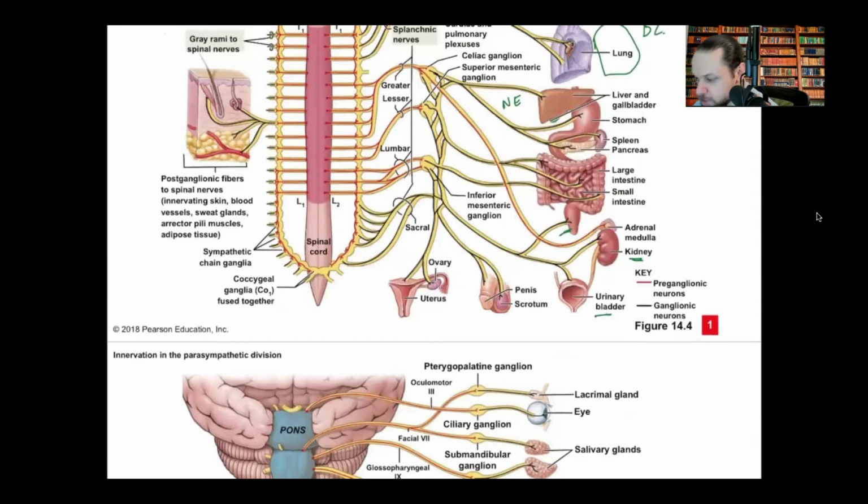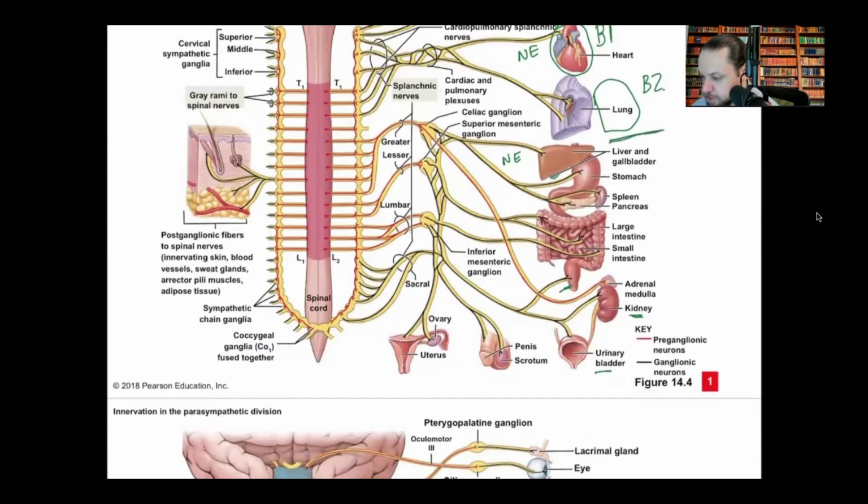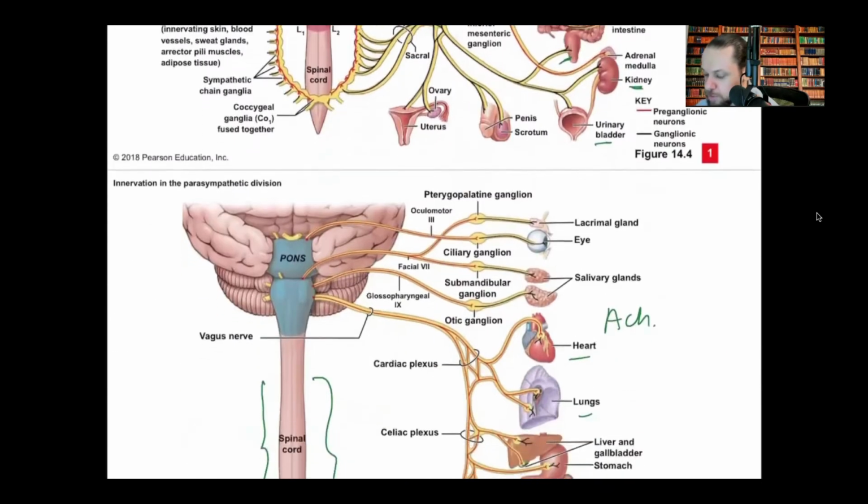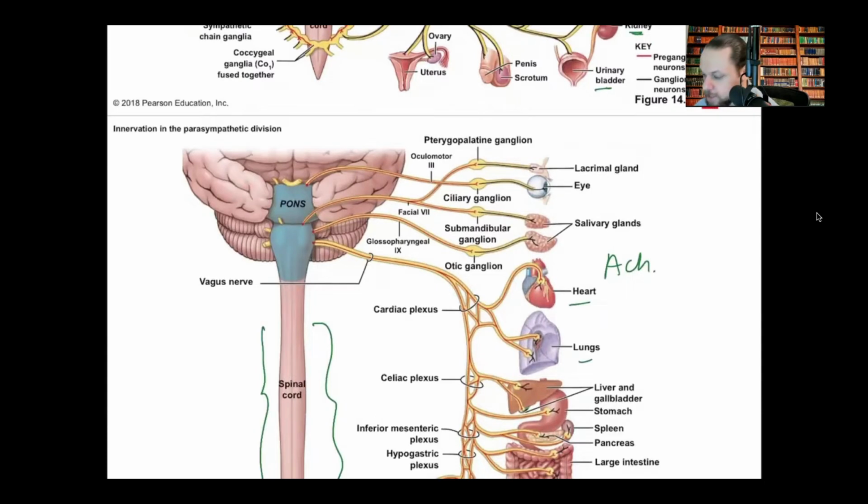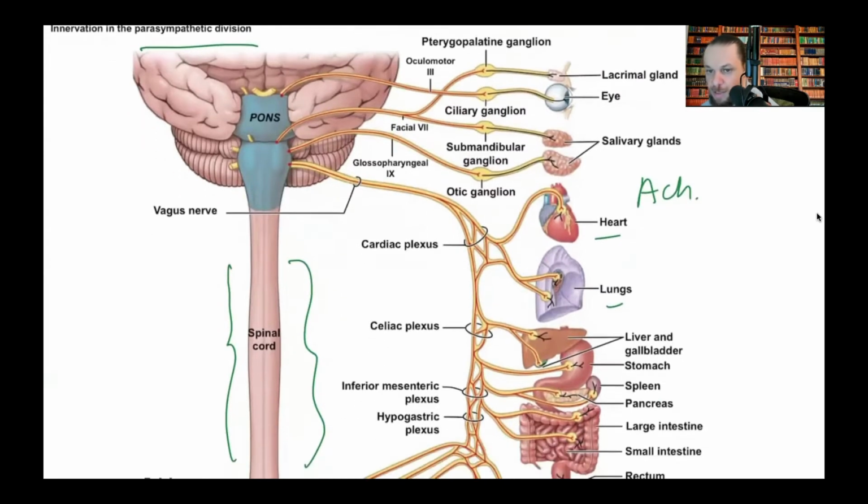So what will a beta2 agonist do to the lungs? Bronchodilate. And then I give you ipratropium, which is an anticholinergic. I stop the parasympathetic division from being active. So if you have secretions that are coming out, I will dry you out and stop the formation of those secretions.